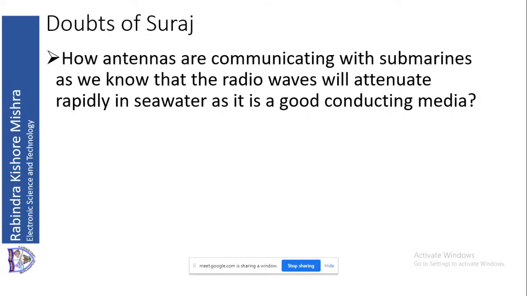in those cases, if the submarine wants to communicate with the source, it will use the electromagnetic antenna or electrical antenna. In that case, the propagation is ground wave because, as I told you in the previous case, when it is close to the ground, ground waves propagate along the ground.